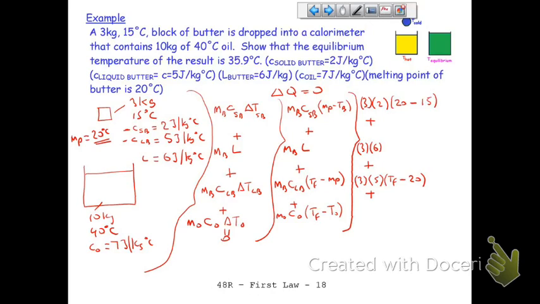Plus, looking down at the bottom now, 10 times specific heat is 7 times T final minus, and how hot was this? Oh, 40 degrees. All of that equals 0. 4 terms.